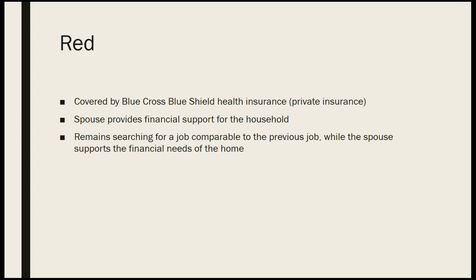You're fortunate enough to be married to someone who does have a job and can provide financial support to the household while you continue to look for a job that is comparable. So you're not really forced into taking a job, but you're looking for a job that's comparable to your previous job, again, while your spouse provides that financial support for the home.